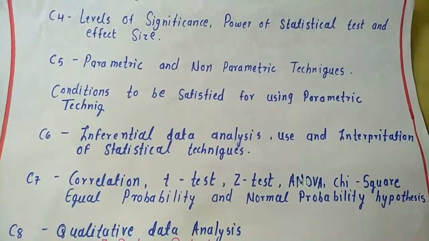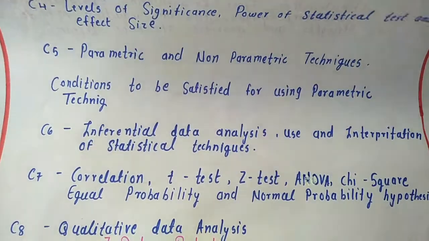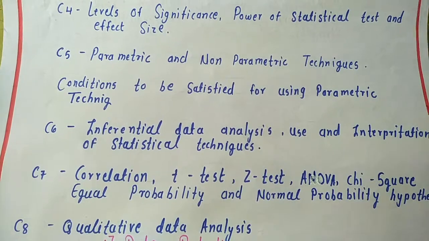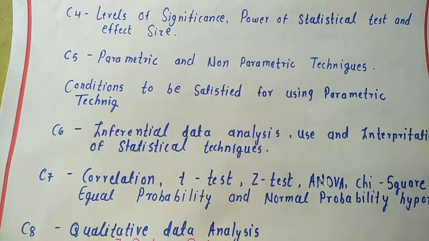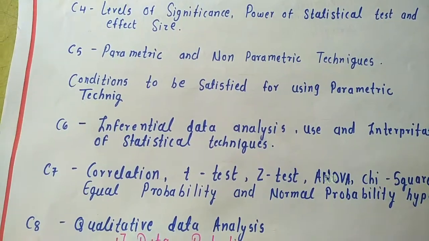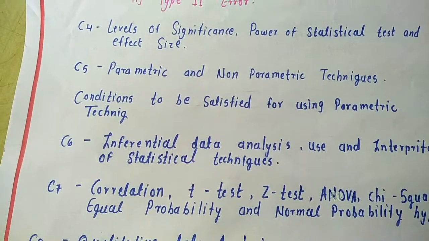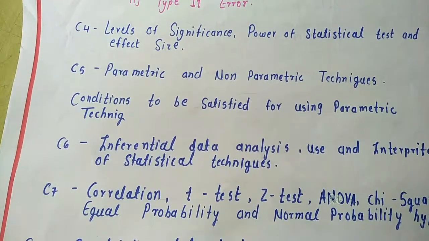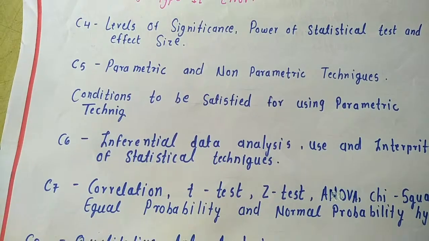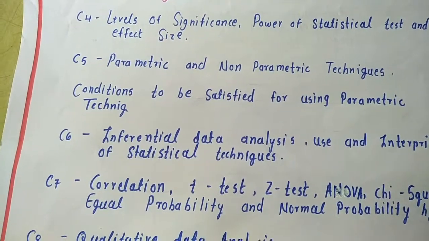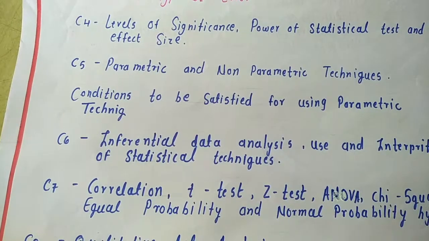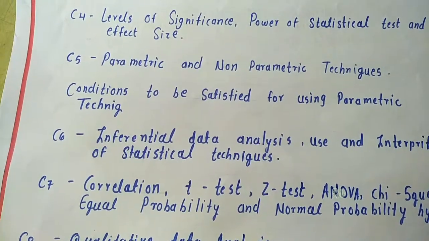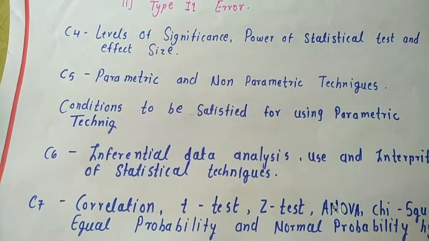Then next one, levels of significance, then degree of freedom, then power of statistical test, and effect size. Effect size also, we have to make our notes from the objective type point of view only.